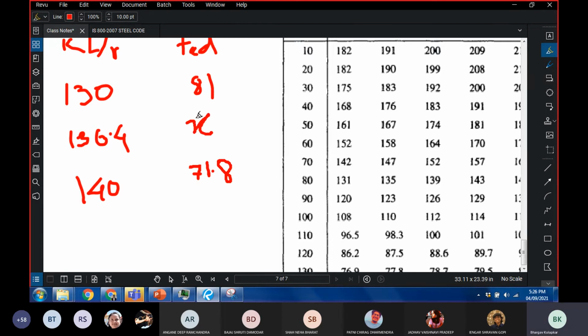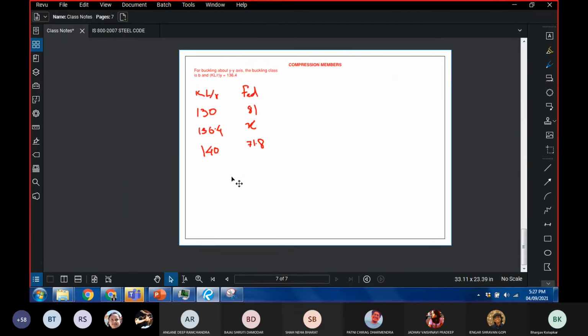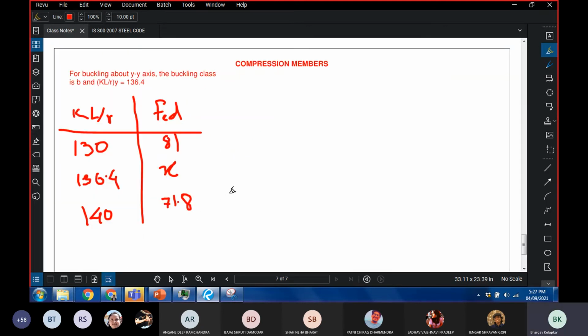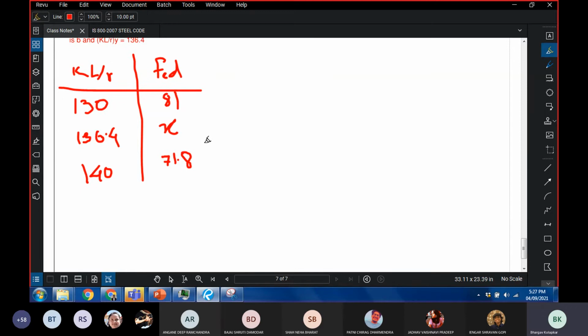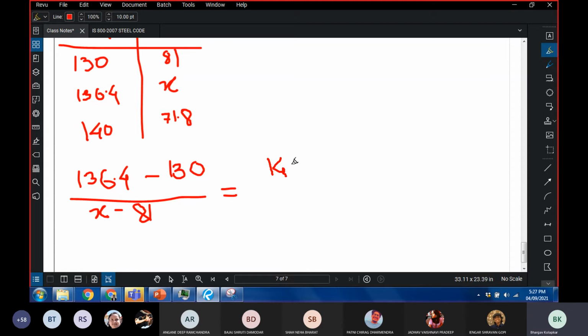Okay, now again calculate the value of x. So 136.4 minus 130 upon x minus 81 is equal to 140 minus 130 upon 71.8 minus 81.